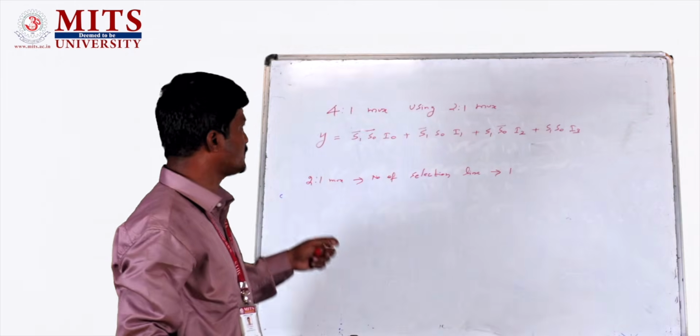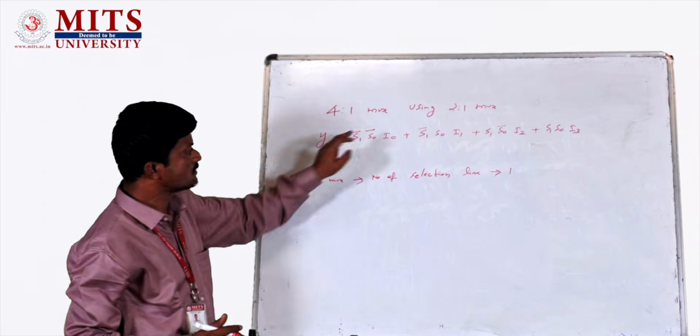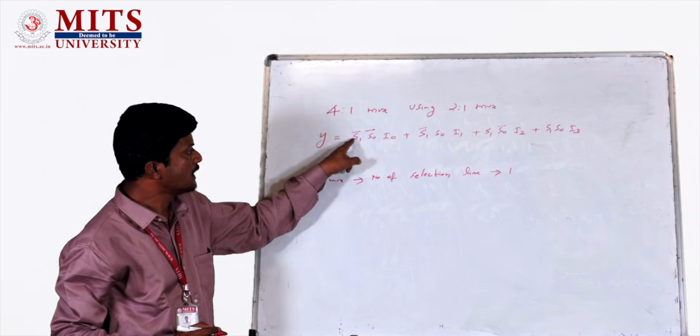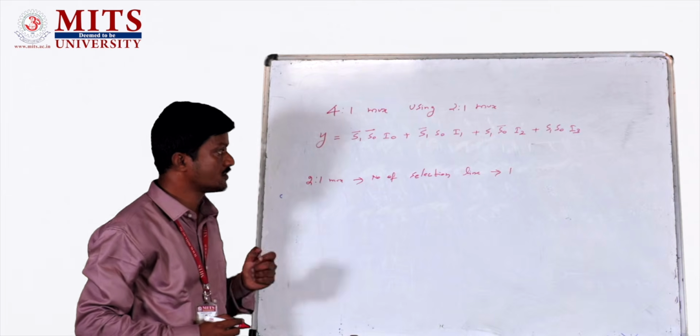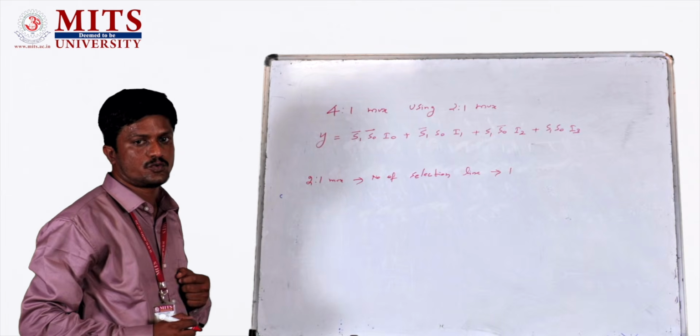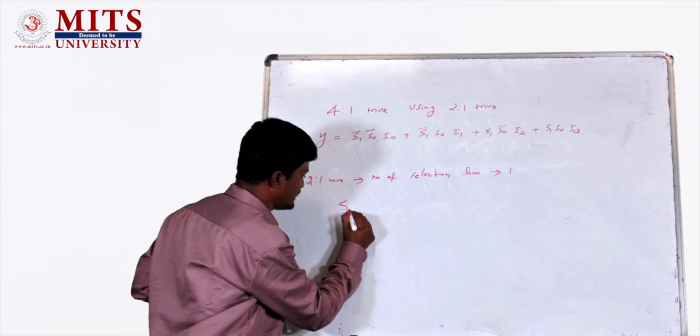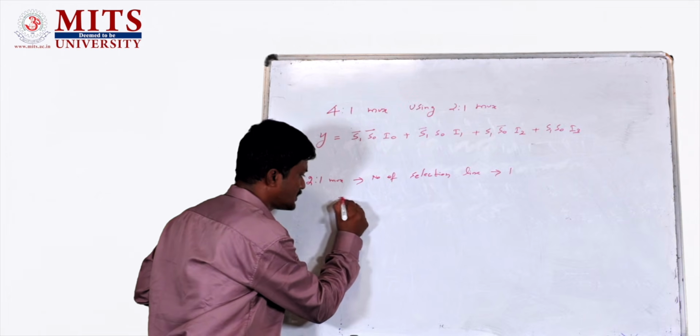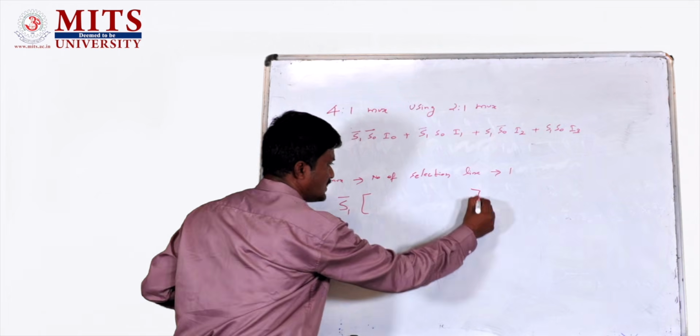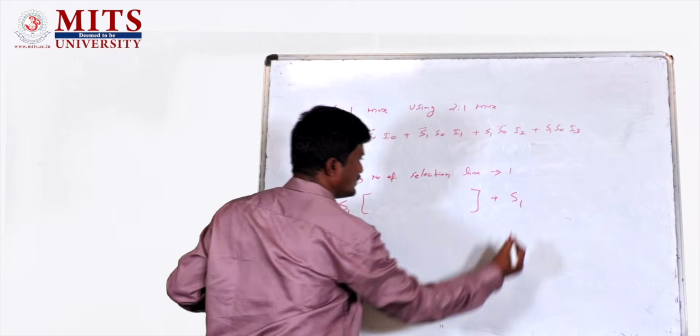Now I am trying to expand this 4 is to 1 mux using S1 in complementary form and true form. The idea is I can take S1 in the complementary form first, and after that I am going to expand with the true form.